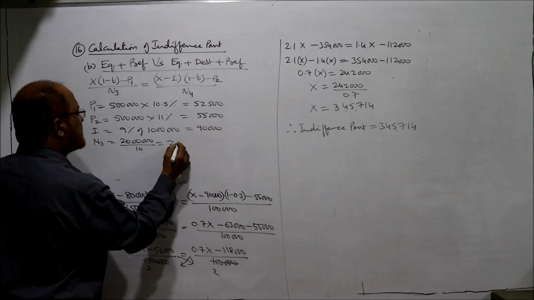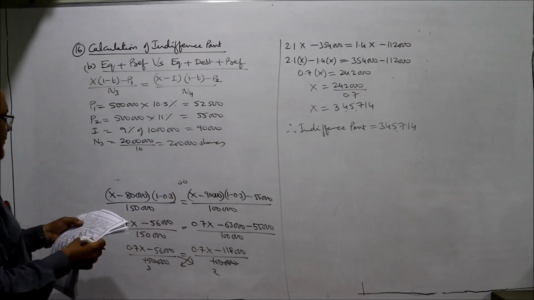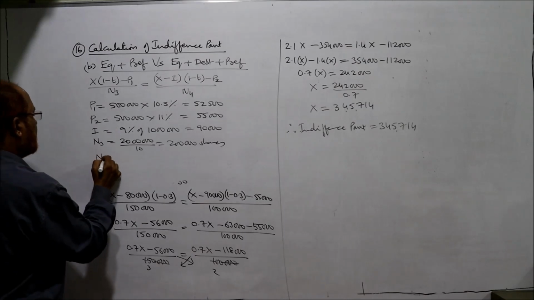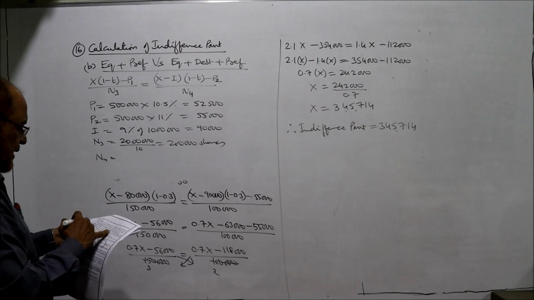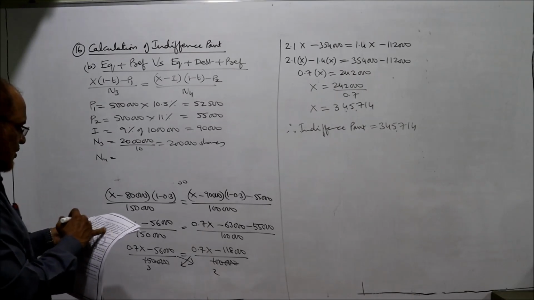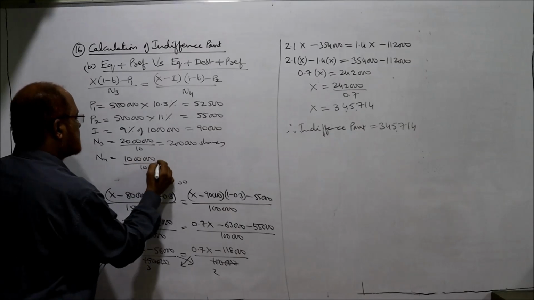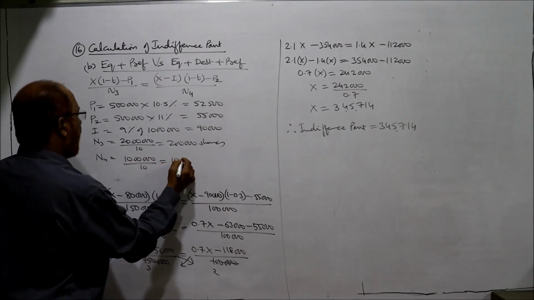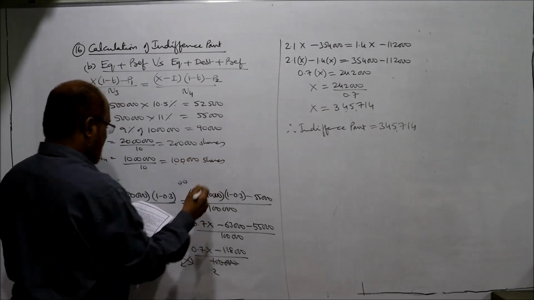Divided by 10 is equal to 2 lakh shares. Then N4, number of equity shares in the second plan. Second plan में देखिए कितना है, equity share capital of 10 lakh. One lakh shares.